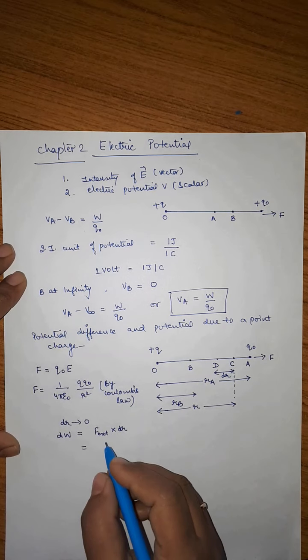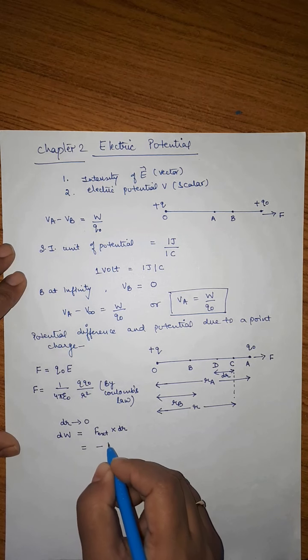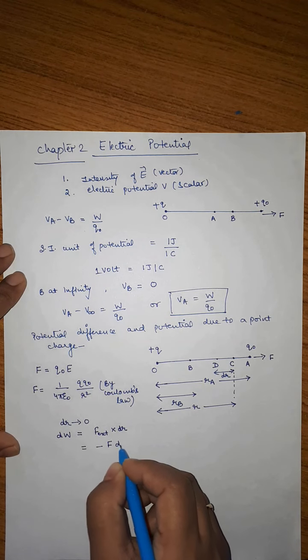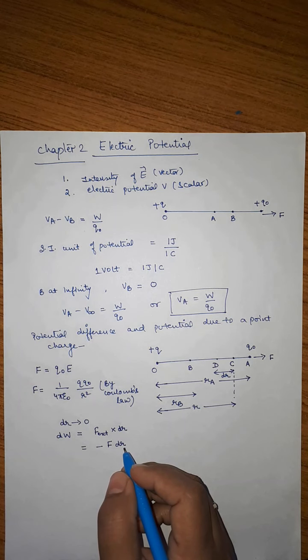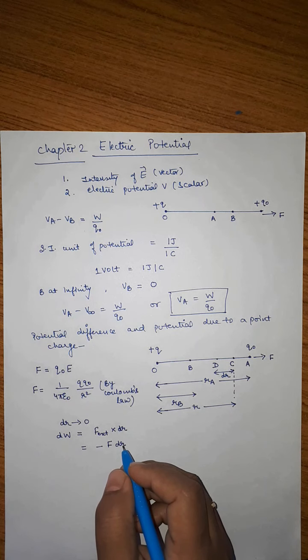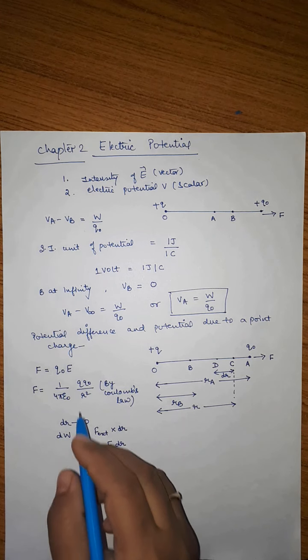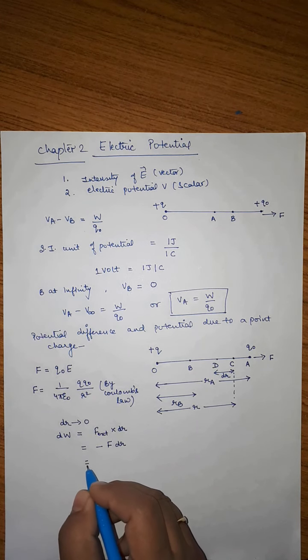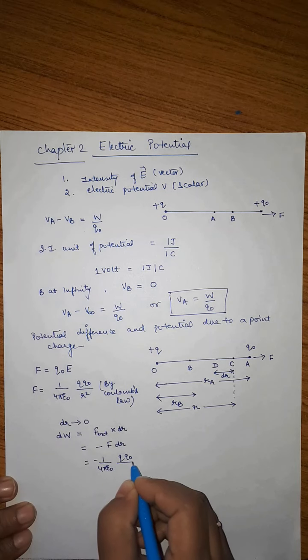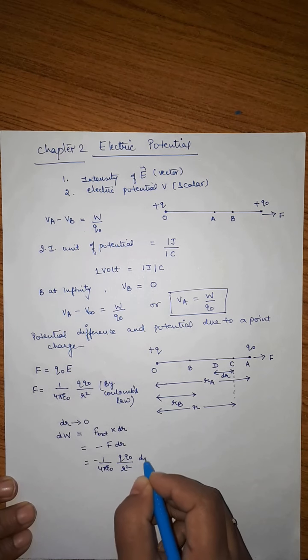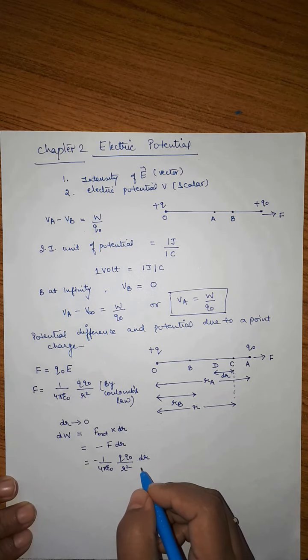Both the directions are opposite, so we can place a sign of minus, that is minus F into dr. That will be the work done. Now the force, we can put down the value from Coulomb's law, that is 1 upon 4 pi epsilon naught Q Q naught upon r square into dr.